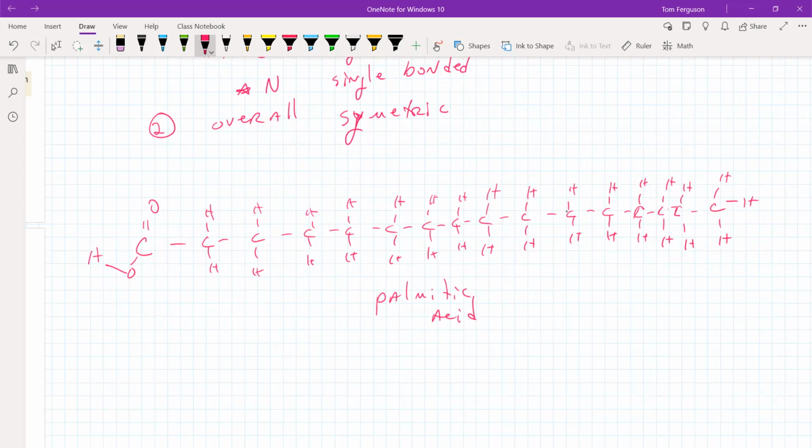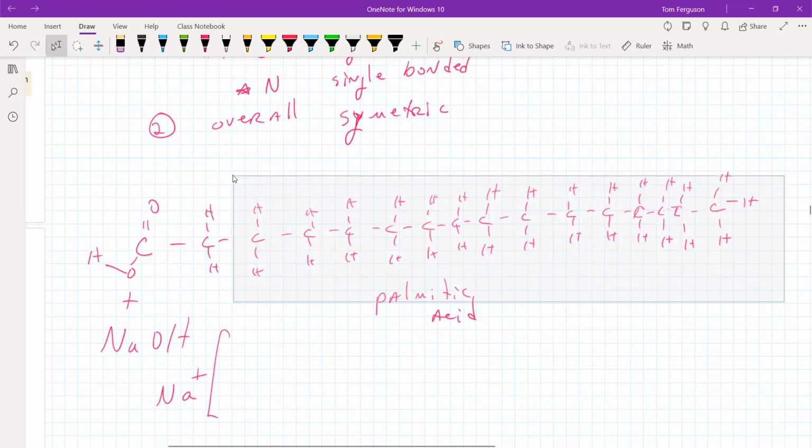We would need to get rid of this to make it even more polar. Once we take off the H, like when we react this with sodium hydroxide, we'll end up with sodium. And I need to do a copy and paste because I don't want to do it over again.